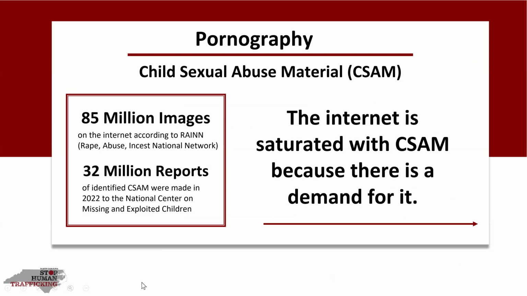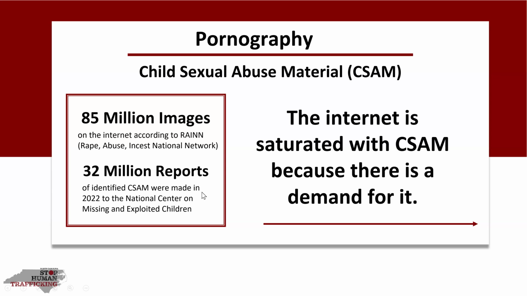And now we've got to talk about child sexual abuse material. RAINN, the Rape, Abuse, and Incest National Network, says there are 85 million child sexual abuse images online. The National Center for Missing and Exploited Children said they had 32 million reports of CSAM.